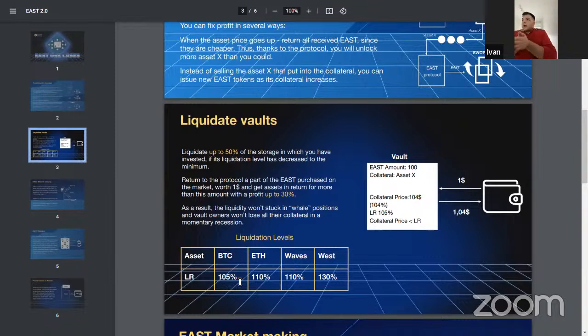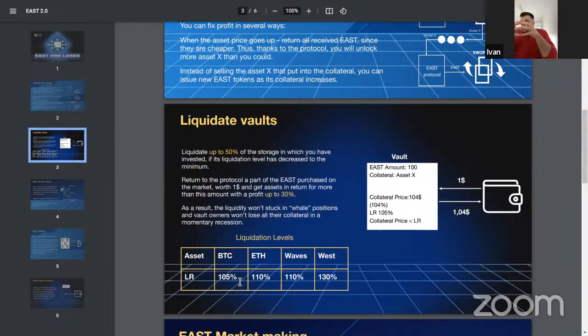You just buy ETH on the market, return it into the protocol, and you receive more liquidity than you spend. For example, you spend $1 and you receive $1.4. It is a good way of working with this protocol. It is also important to note that you can liquidate only half of the position.